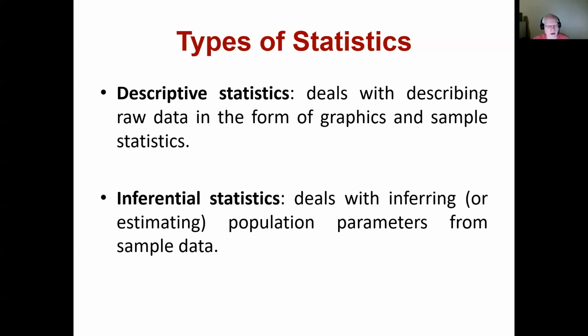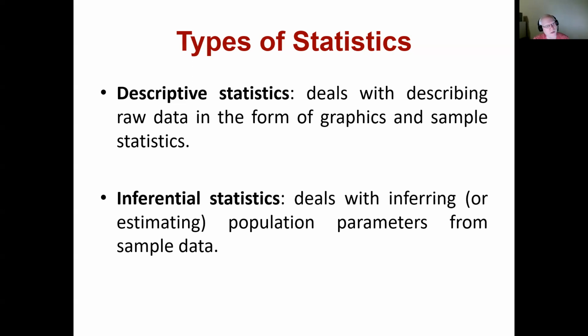Inferential statistics deals with inferring or estimating population parameters from sample data. So remember, our ultimate goal is not to learn something about our sample. Our ultimate goal is to learn something about the population of interest. Even though we didn't have access to the entire population, we'd like to learn something about it. Inferential statistics is the branch of statistics that helps us estimate the population parameters.